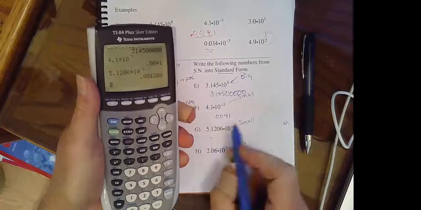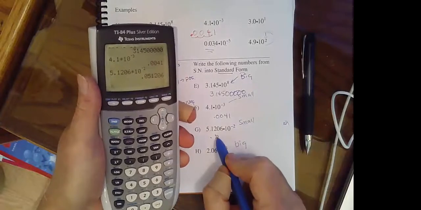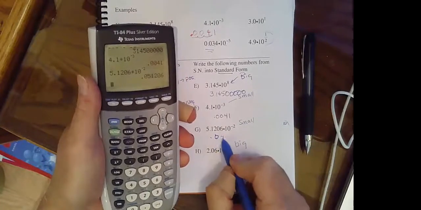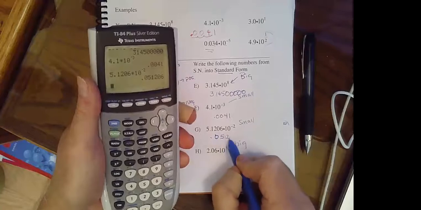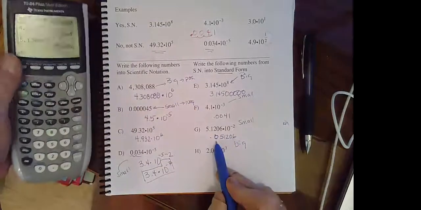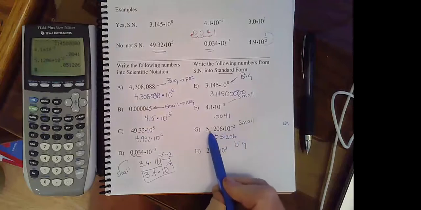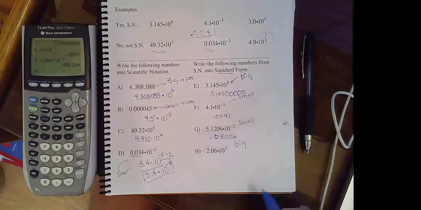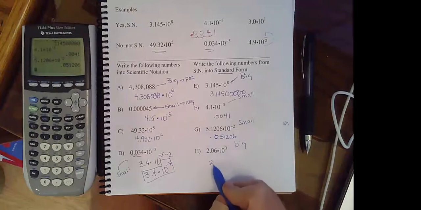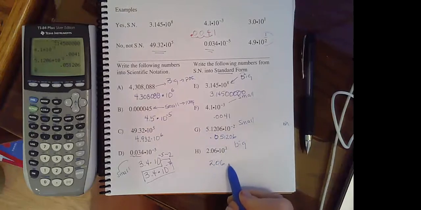Okay, point 0. Okay, 51206. That 0 is important. If you thought about moving the decimal 2 places right here, 1, 2, and you got to put a placeholder for 0. That's why the 0 is there. And this one here is 206, so move it 3 places. So 1, 2, 3, put another 0 there.